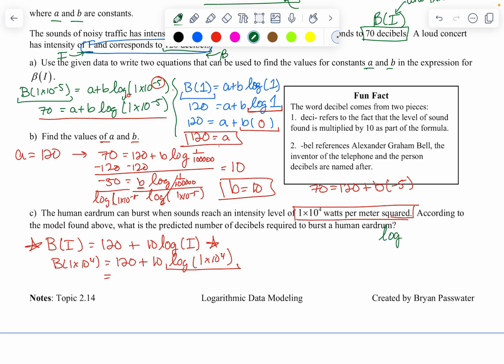We have log base 10 of 1 times 10 to the 4 equals what? So 10 to the what equals 1 times 10 to the 4? 1 times 10 to the 4 is just 10 to the 4. So 10 to the what equals 10 to the 4? That's 4.